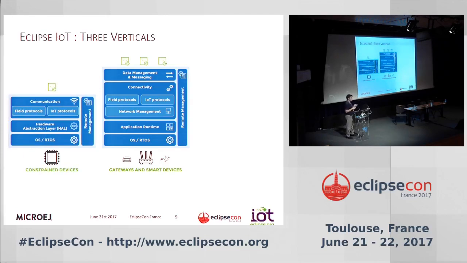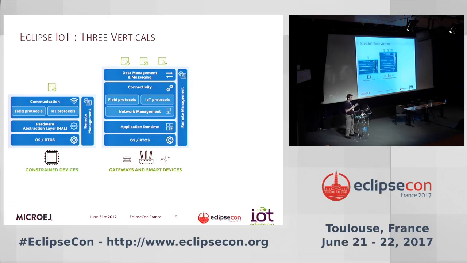On the even smaller side, there is what we call the constrained devices. These devices are the ones that we at MicroEJ target. These devices are typically made out of microcontroller-based boards, which means they reason in terms of kilobytes, sometimes megabytes when we're lucky. They reason in terms of megahertz, not gigahertz.